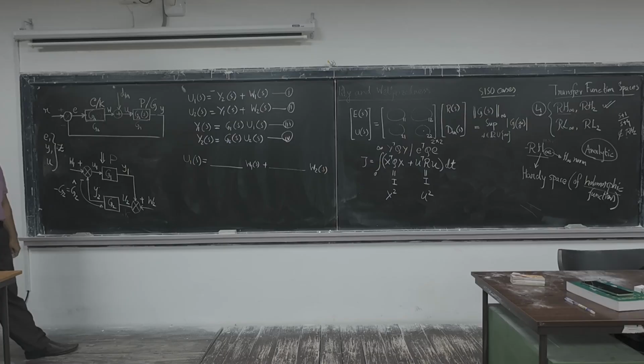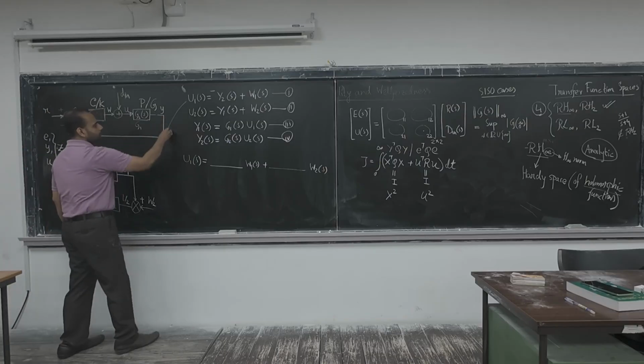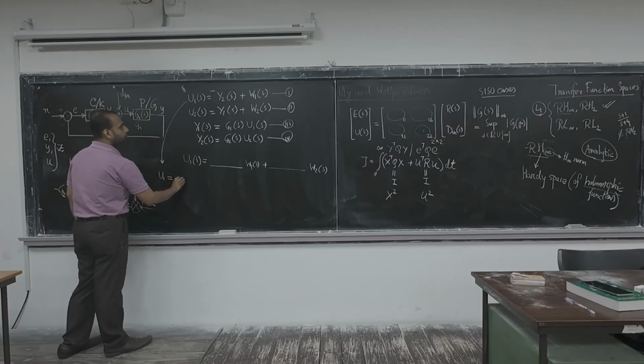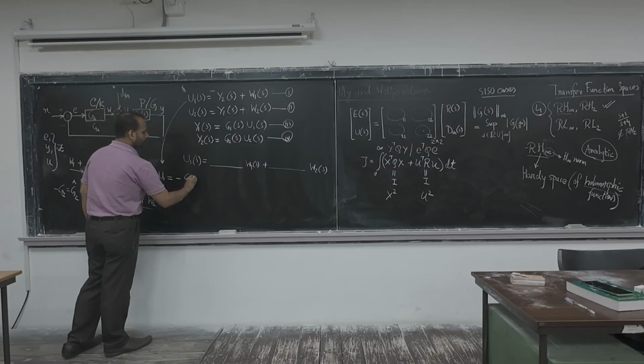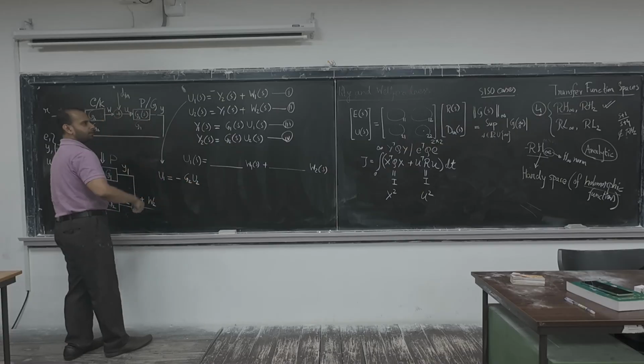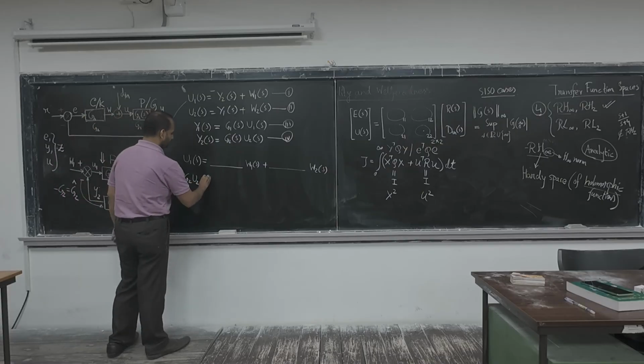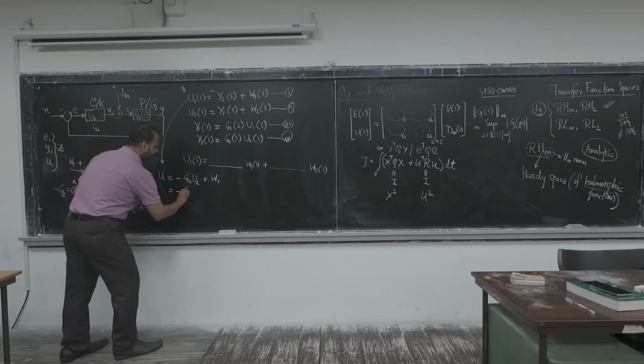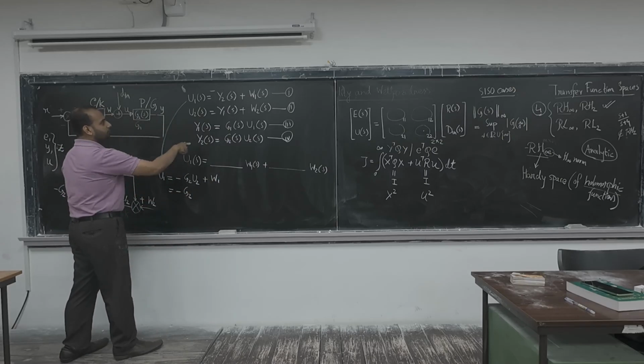That is really easy. U1 equals minus G2 U2. Just to save some time, I'm not writing the brackets, but you should write W1, and then minus G2. What is my U2?